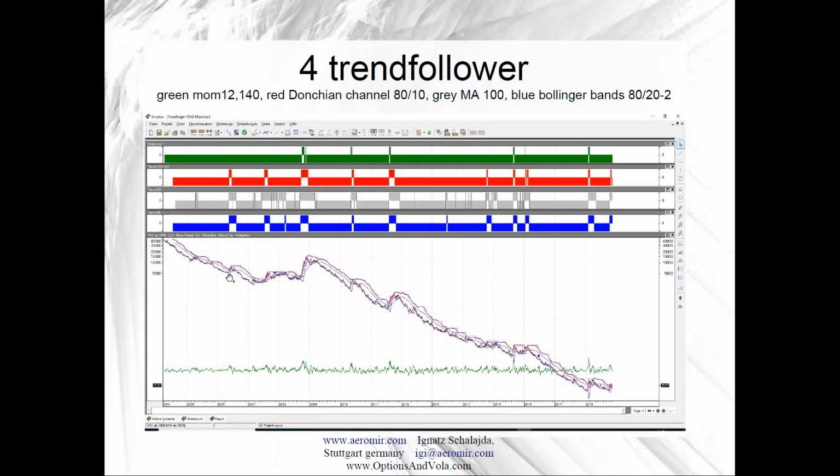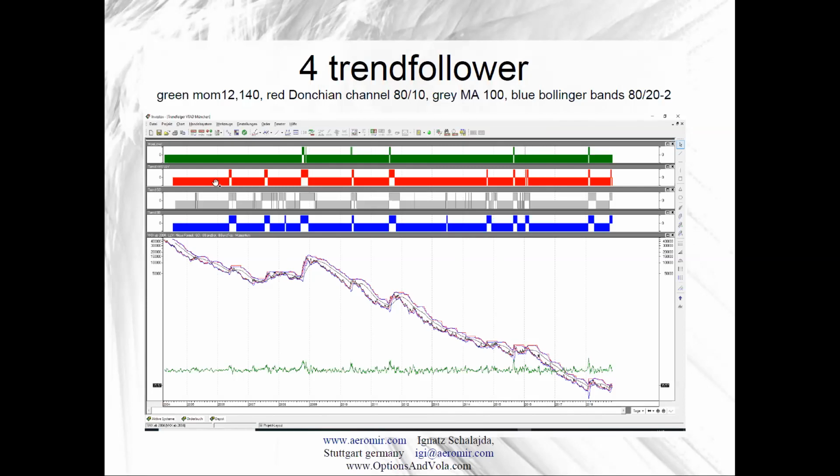And this means the entry of the Bollinger Bands is on a much lower level because the drift is still running, but you have to wait until the standard deviation is coming back, and then you leave some profits on the table because the entry is pretty late. Not like the Donchian channel.